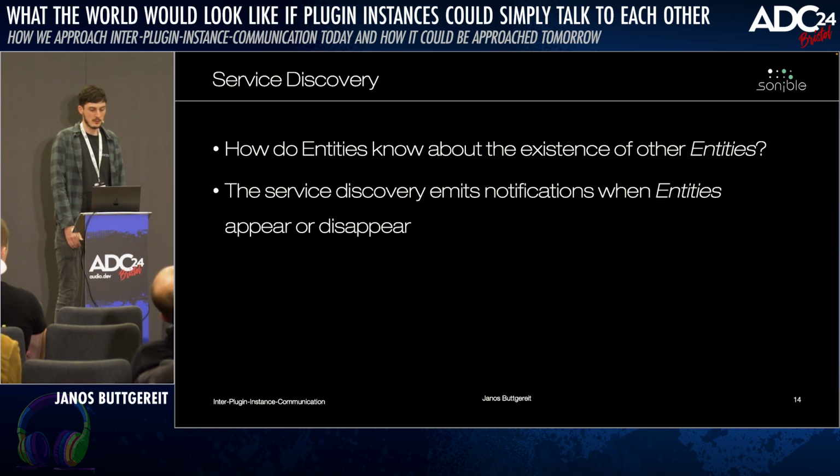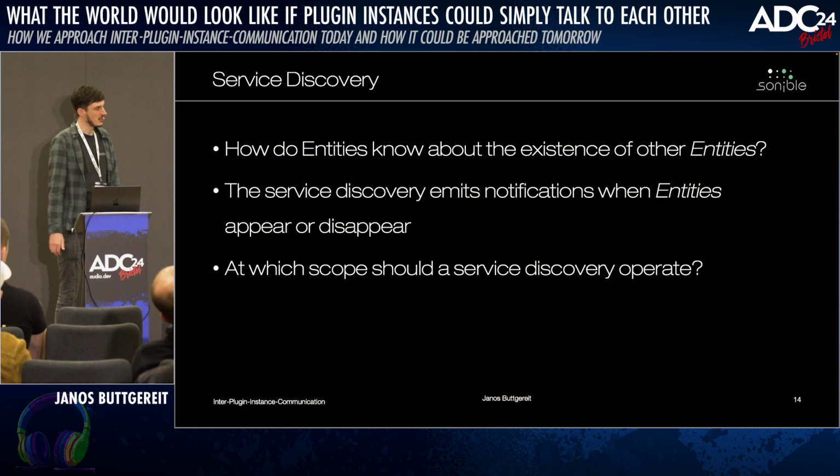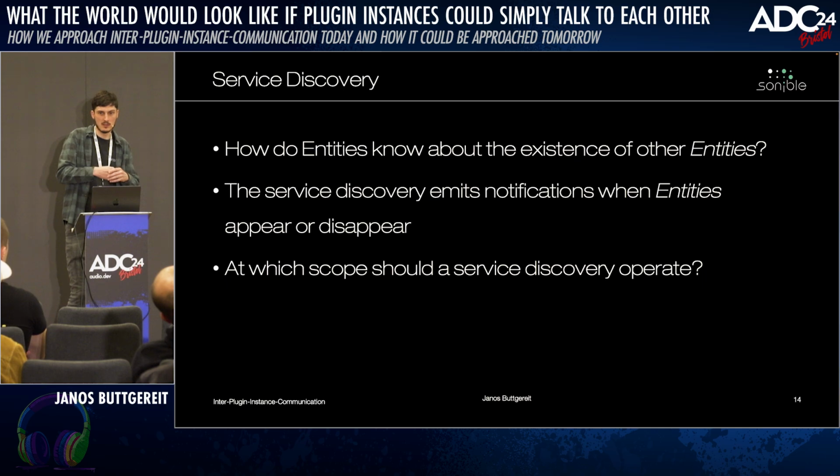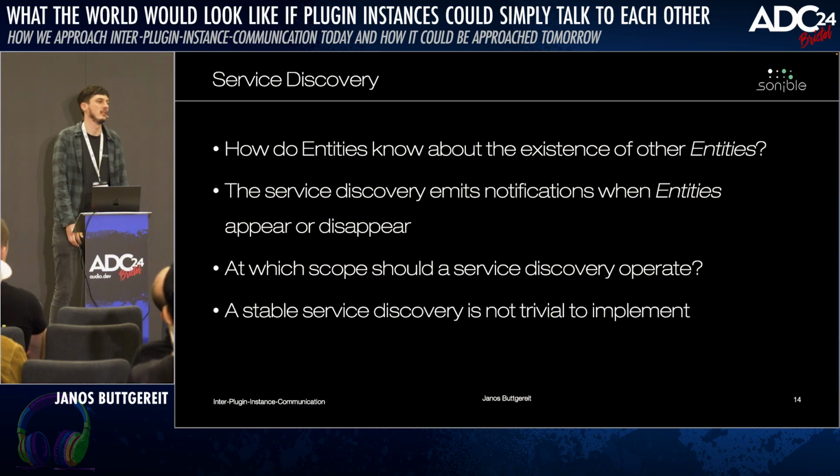And the interesting question is, at which scope should this service discovery operate? So we just discover plugins within our process, on our machine, on the network. And we also learned that a stable service discovery is not super trivial to implement.